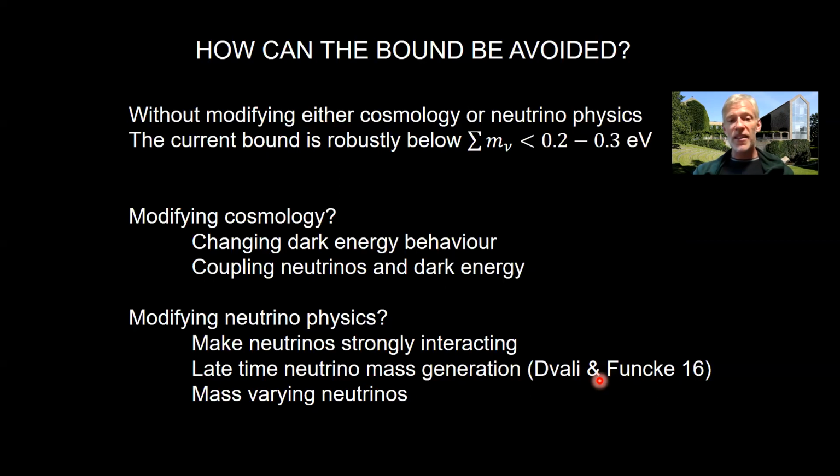You could have mass-varying neutrinos, which is essentially a form of dark energy, a scalar field coupling to neutrinos and generating the mass term through that method. And in all of these cases, you can basically avoid the suppression of large-scale structures. So there are various ways, of course, to circumvent the bounds. And that's also one of the reasons why direct experiments can and will remain important.